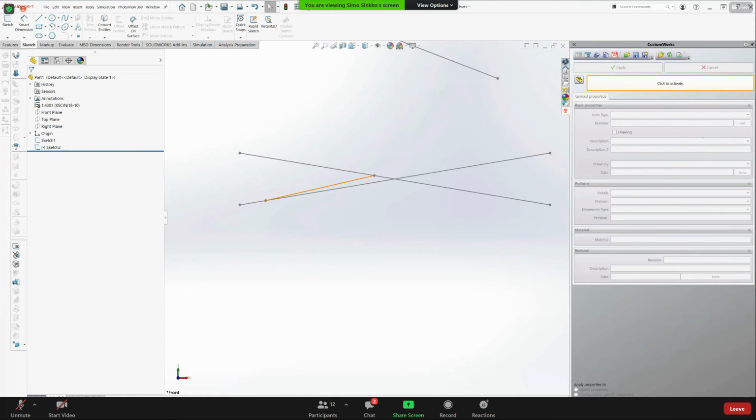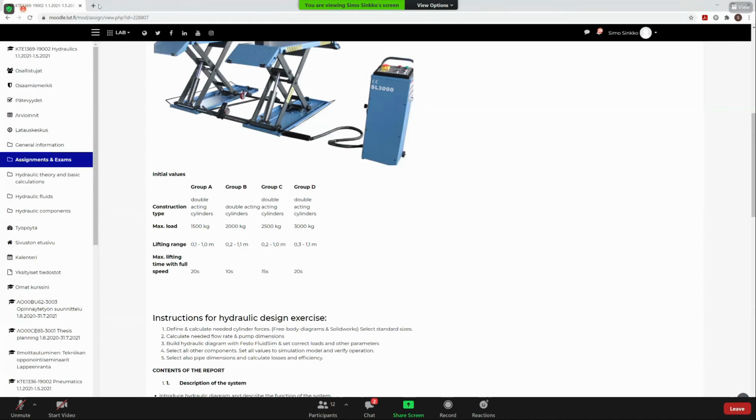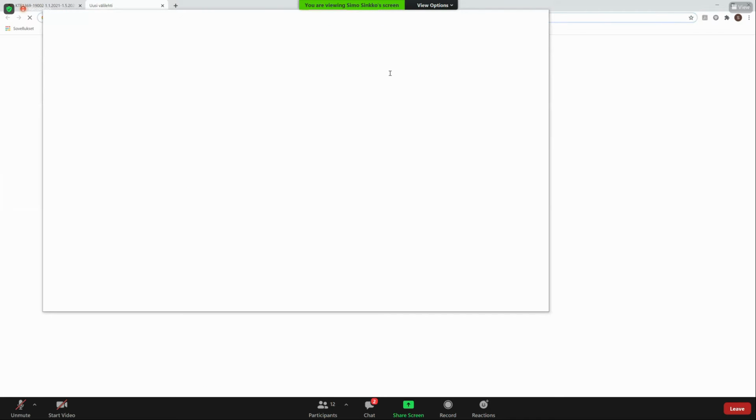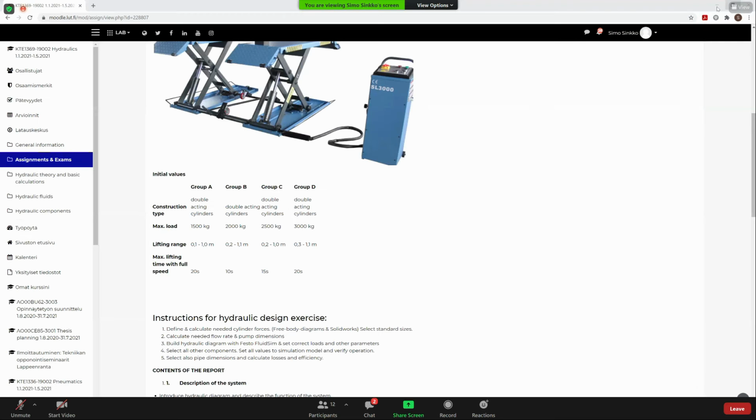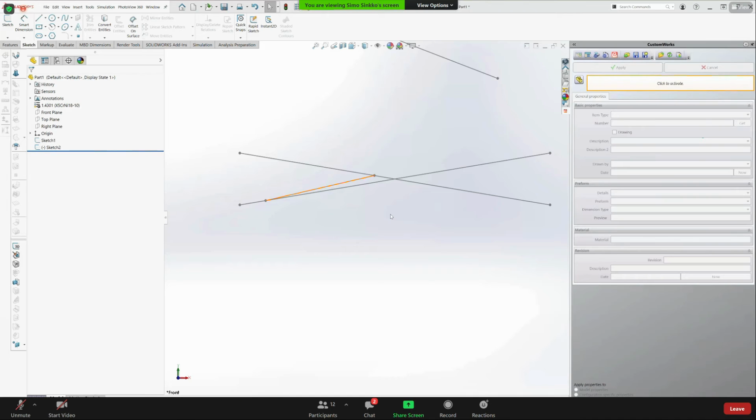Excuse me, I have one question. Yes, go on. There's the attachment point between the cylinder and the axis, which is near the end of the structure.